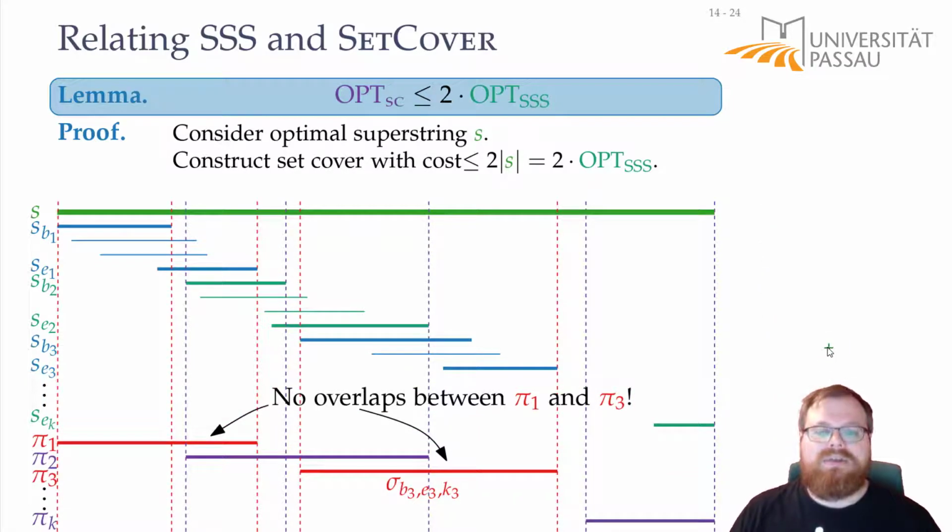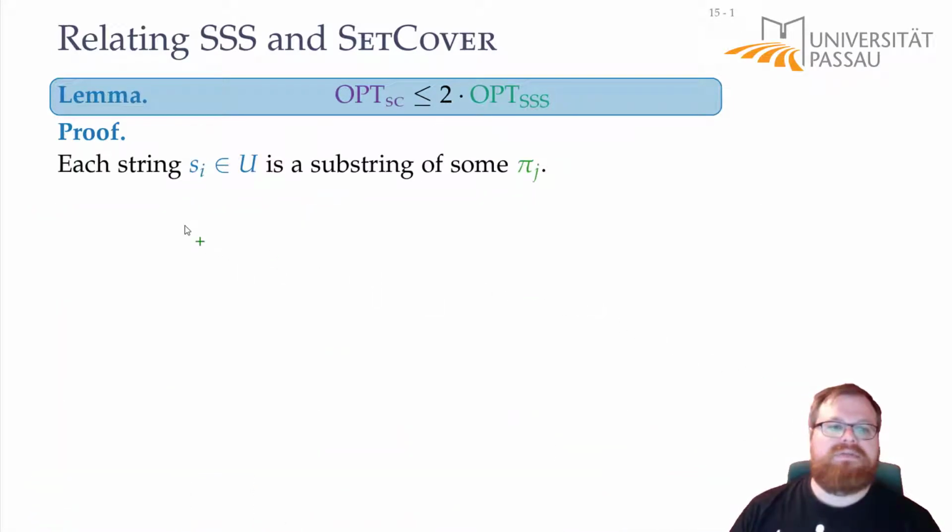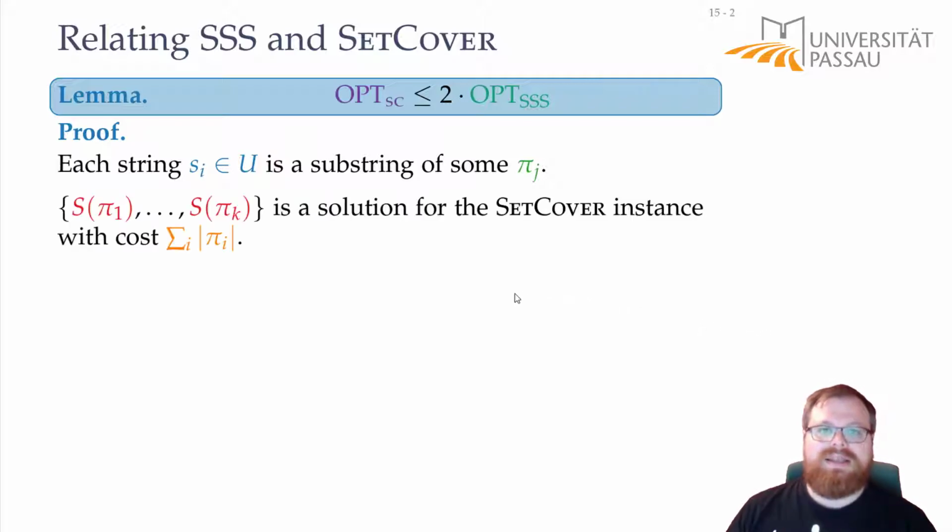Everything is covered by them. So every string of our input is a substring of some of these pi strings. And from that follows that the sets that correspond to these pi strings give us a valid solution for the set cover instance. And the cost of this solution is just the sum of the length of these strings.